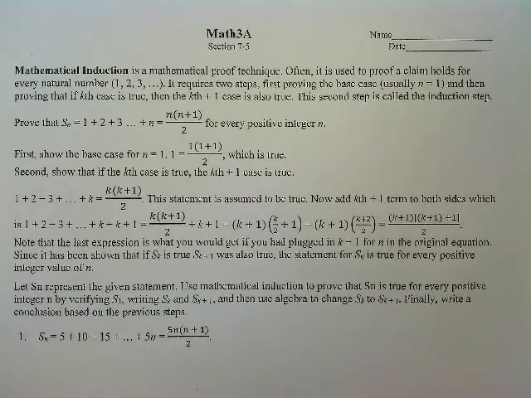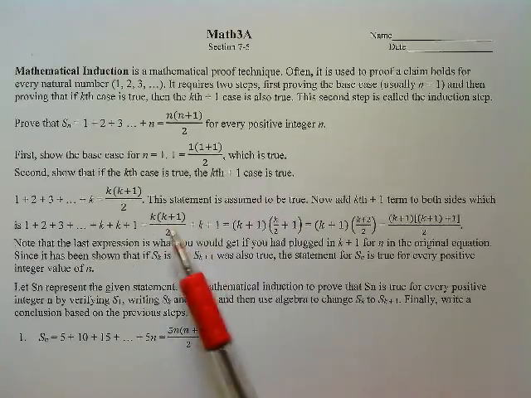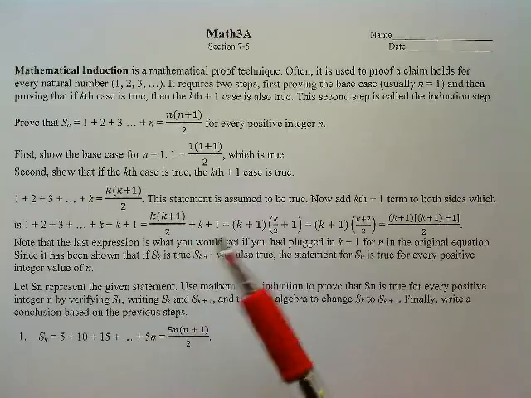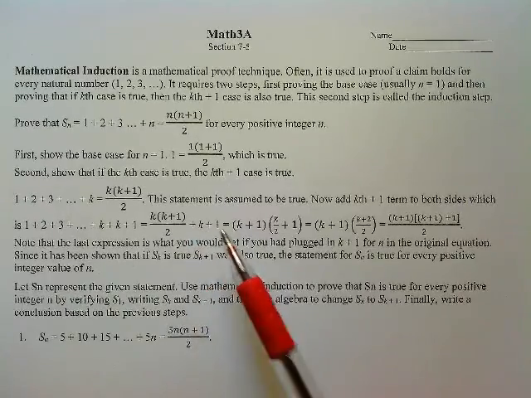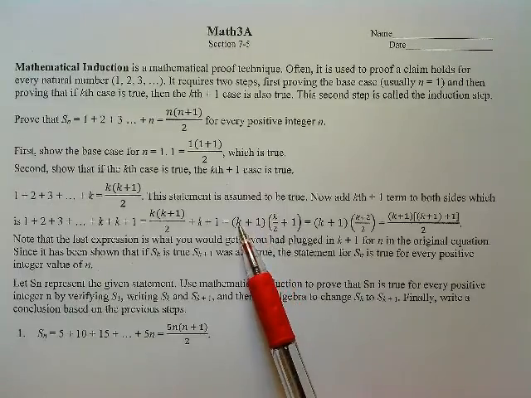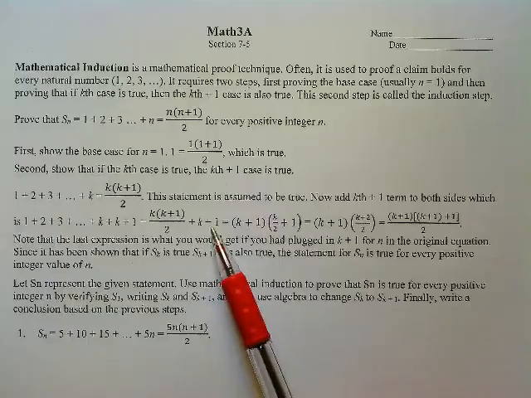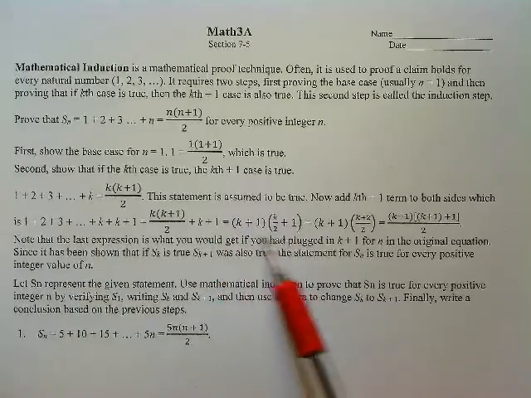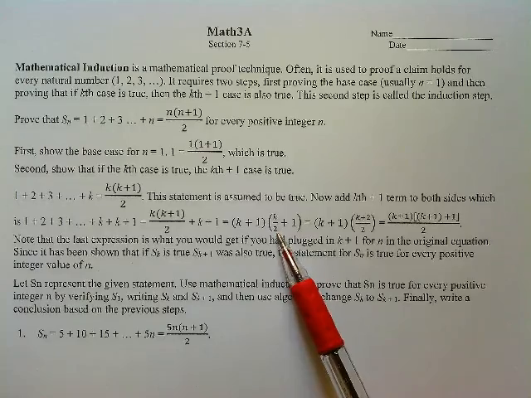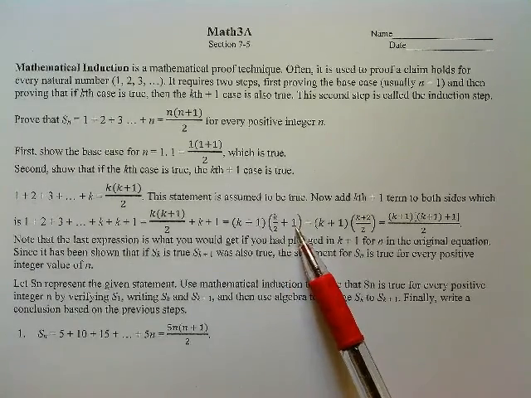Now, with a little rearranging of the right side of things, note that here we have k plus 1, here we have another k plus 1, so we could factor out the k plus 1, and we would have k plus 1 times the quantity k over 2 plus 1, which is what we have right there. And then that could be arranged because, of course, this is a fraction, and we want to add it to the number 1.